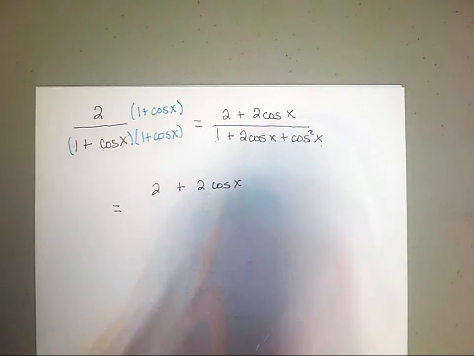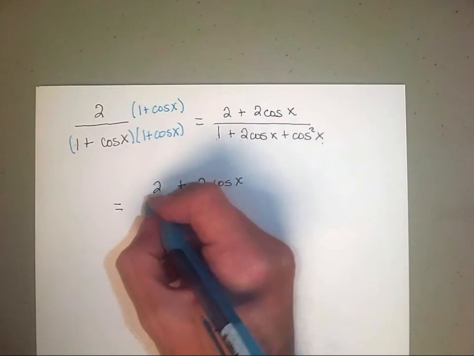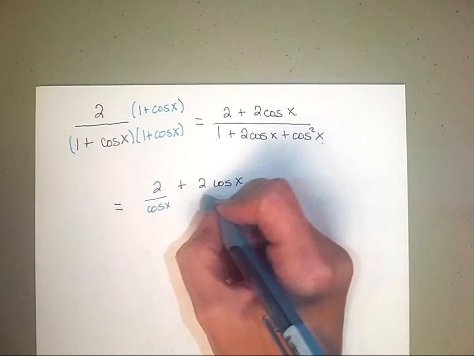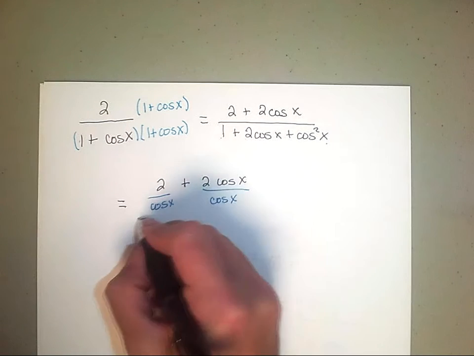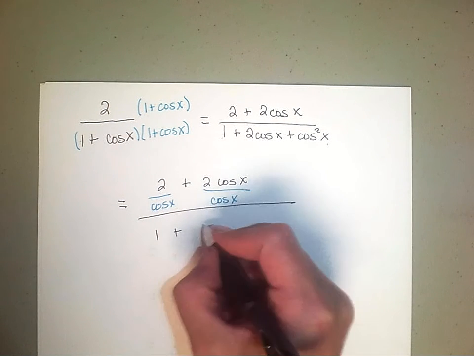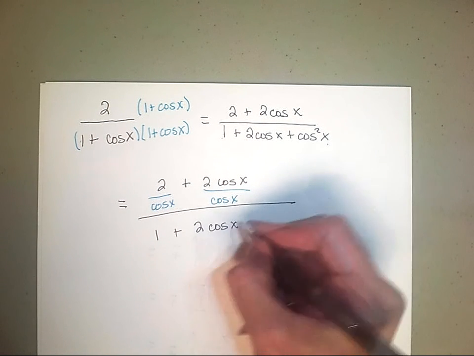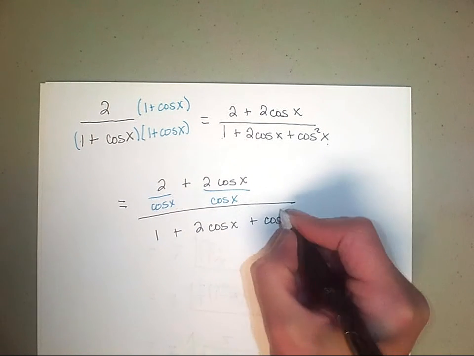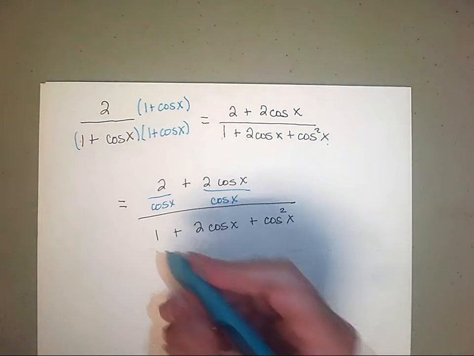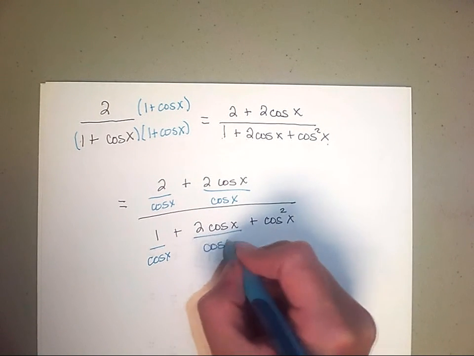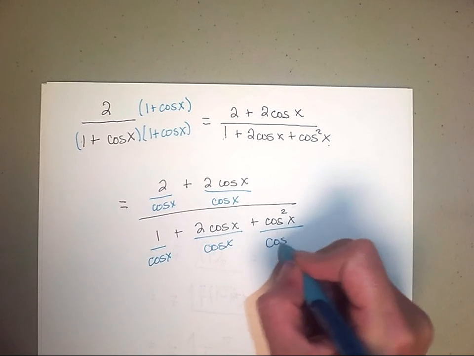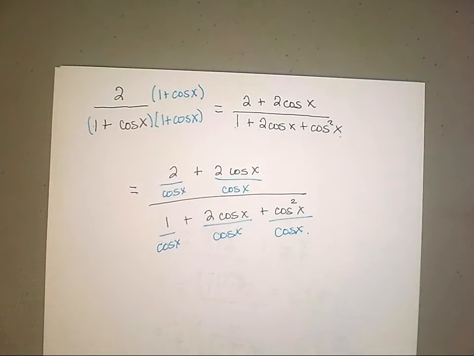So here's the numerator, and we'll divide that by cosine. And then do everything in the denominator. Divided by cosine, divide by cosine, and divide by cosine.